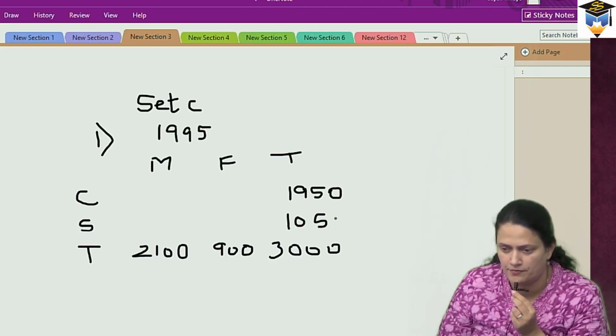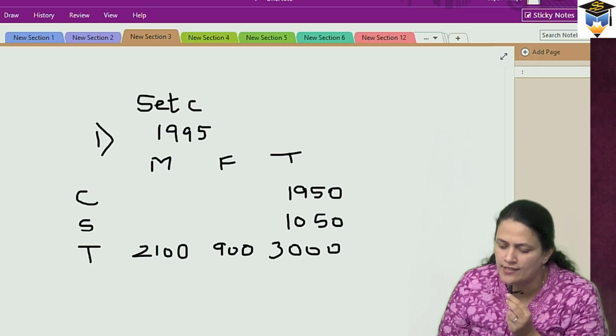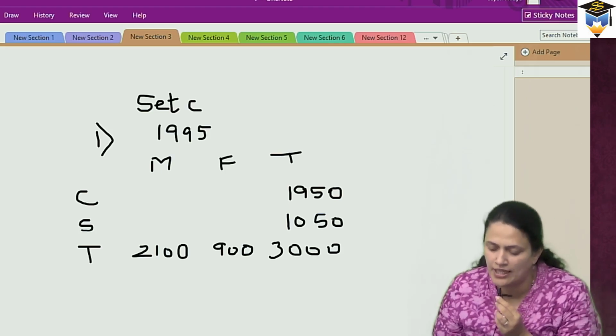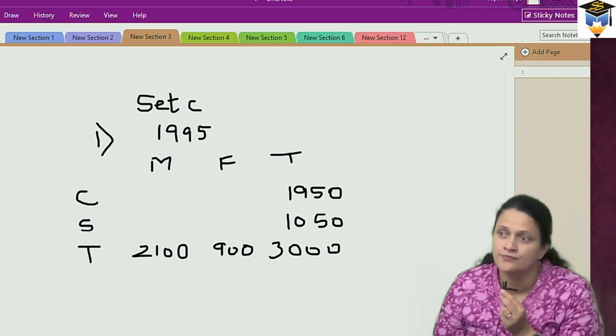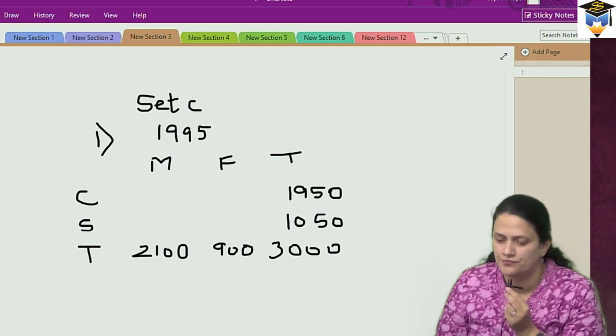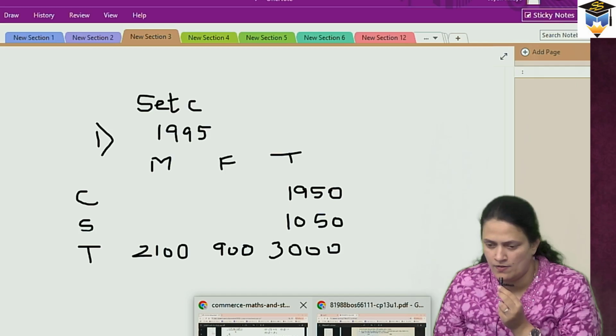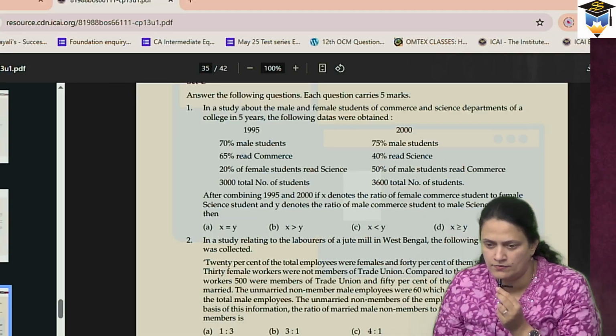Correct. Now, what is the next thing that is given to us? Any other details? 20% of female students read science.